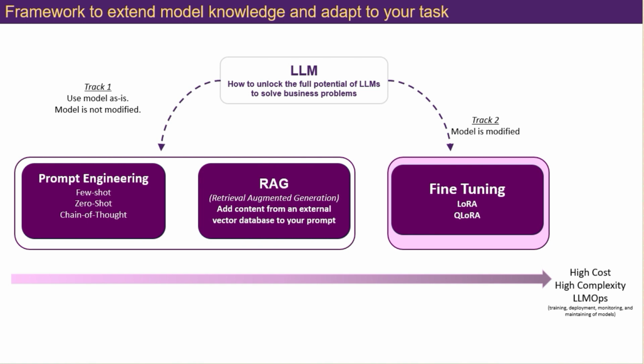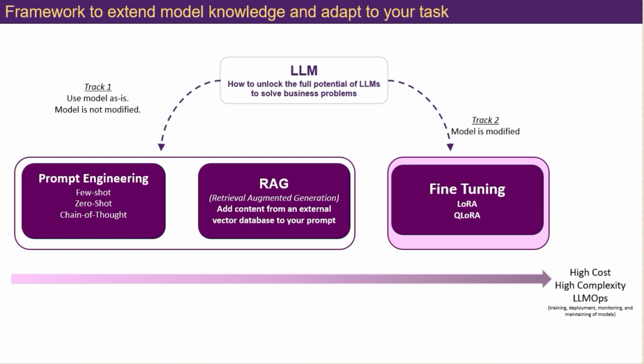This is much higher cost, it takes more time to do, it is complex, and you have to train the model, you have to deploy it, you have to monitor it, so it's pretty expensive. Okay, but for complex use cases, or maybe if you're creating an AI product, or you're a large business in healthcare or law, maybe this is the way you go. Okay, so that's track number 2.